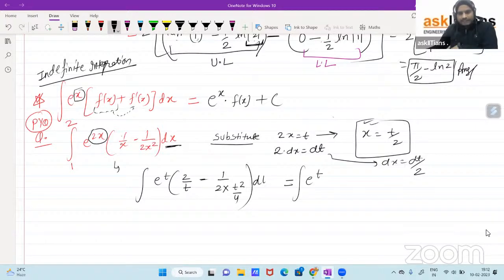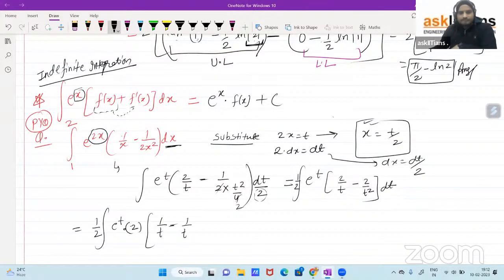So this 2 in the numerator you can extract outside the integration, and that will be 1 by 2. e power t, 2 by t minus 2 upon 4, that is 2 by t square, into dt. So this 2 and this 2 will cancel, and you will be left with e power t (1 by t minus 1 by t square) dt.